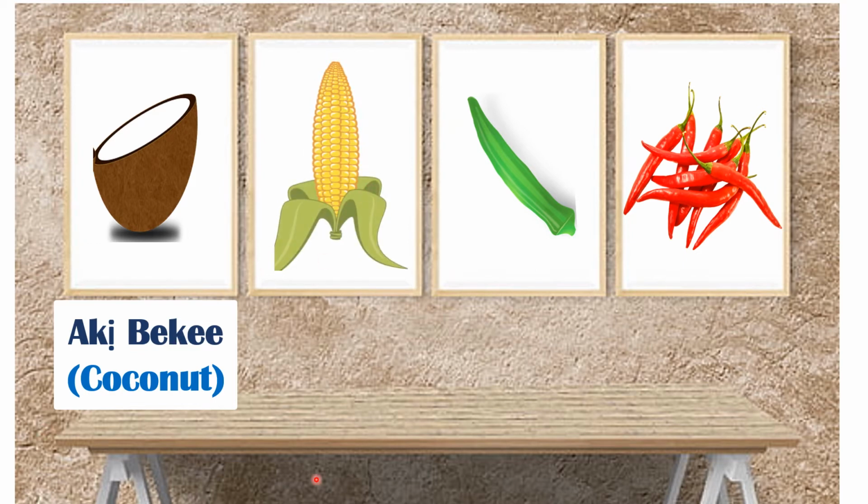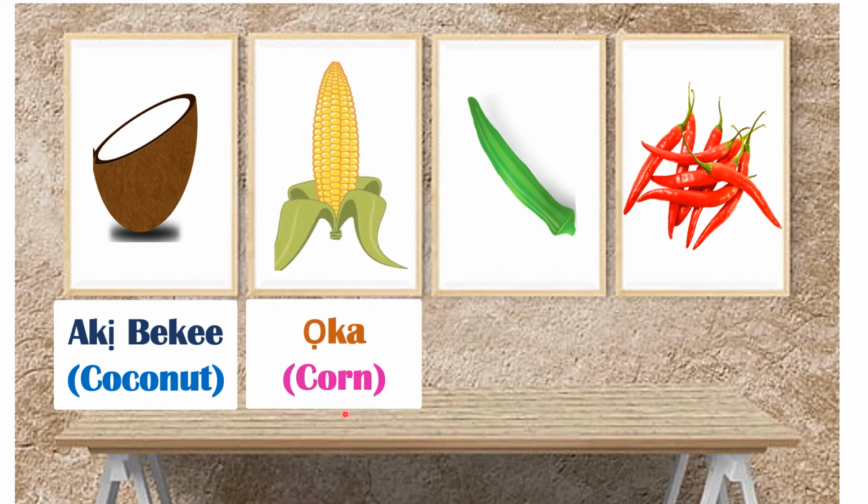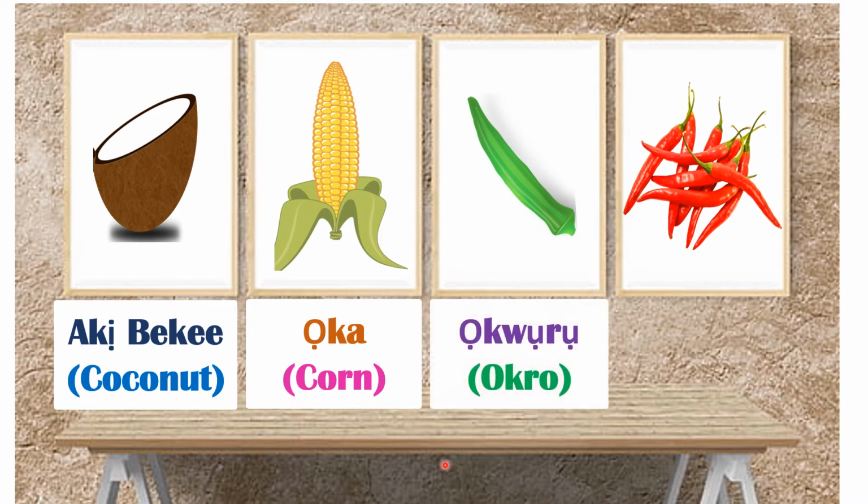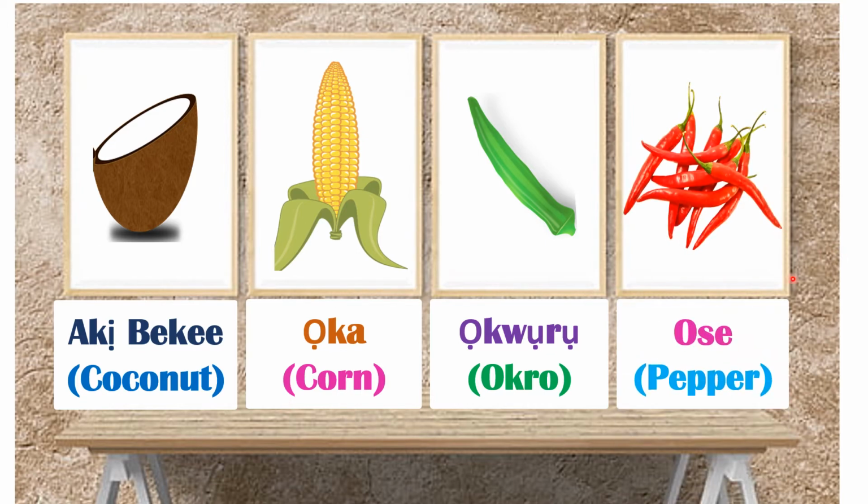Corn. Corn bụ ọka. Ọka bụ corn. Okra. Okra bụ ọkwụrụ. Then we have pepper. Pepper bụ ose.